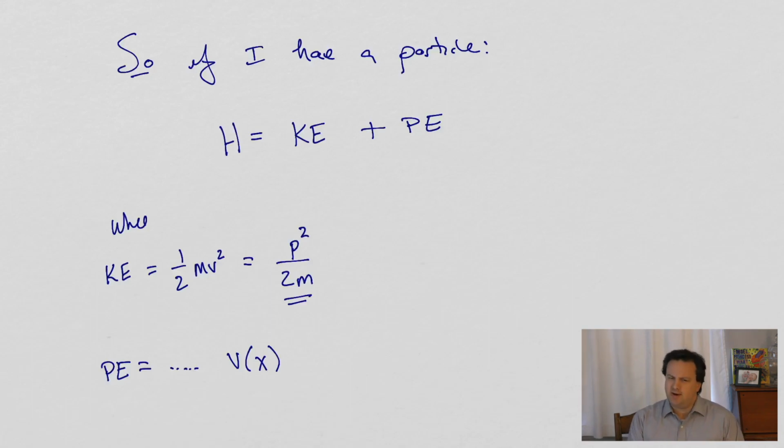But the potential energy only depends on x, right? Now, this is something special. We knew that the potential energy comes from conservative forces. Conservative forces can only depend on position. They can't depend on other things. Otherwise, they're not conservative forces, and I can't talk about a potential energy associated with them.